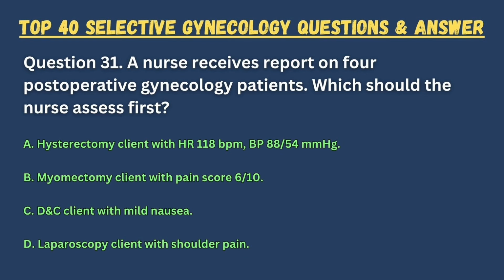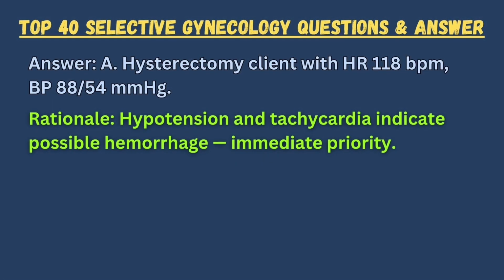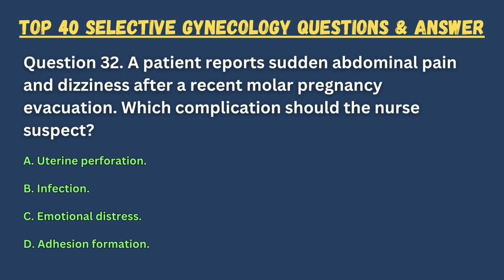D. Laparoscopy client with shoulder pain. Answer: A. Hysterectomy client with HR 118 bpm, BP 88 over 54 millimeters of mercury. Rationale: hypotension and tachycardia indicate possible hemorrhage. Immediate priority.